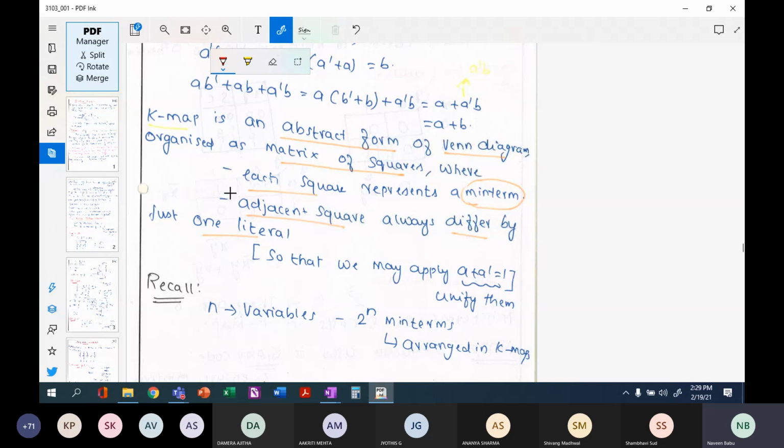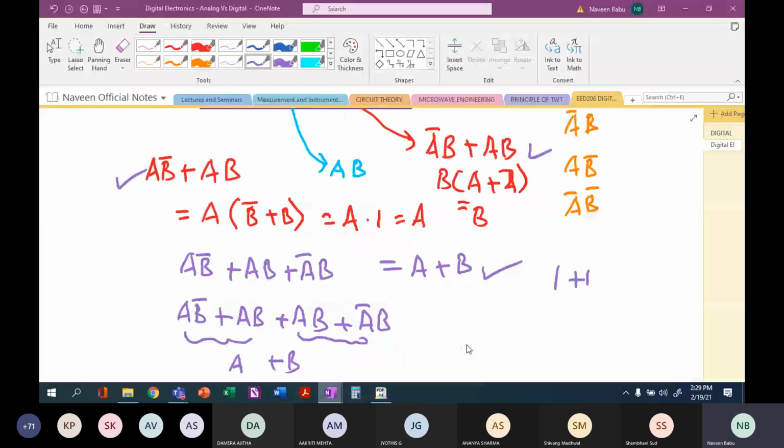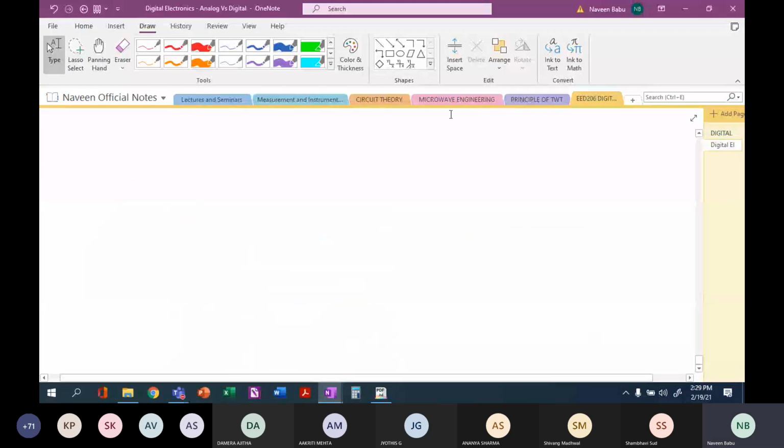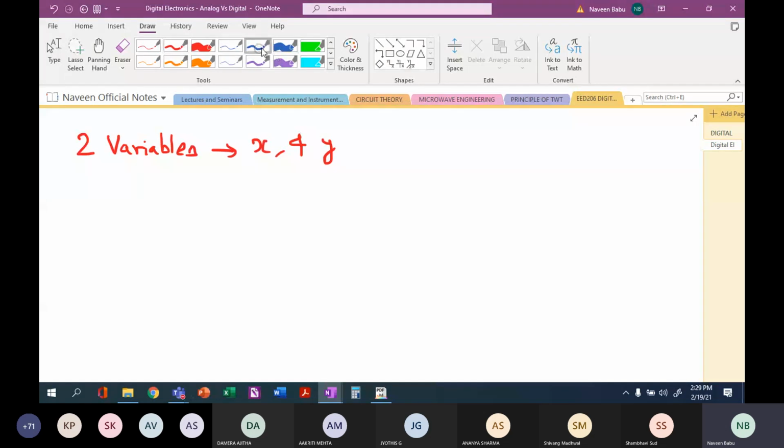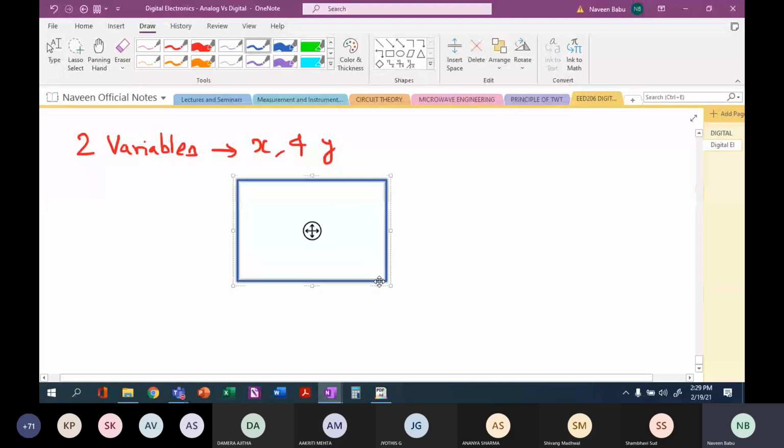Okay, but K-map, on the other hand, doesn't look like a Venn diagram, but is a matrix of squares. Let me draw a K-map now. I'm going to draw a K-map for two variables. Please note that we are going to operate for two variables, X and Y. The K-map will look like a matrix of squares, and for a two variable input, how many input combinations are possible?